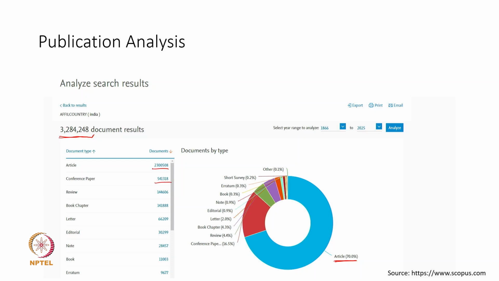Hence, using bibliometrics, we are analyzing the types of documents which appear in different subject areas and different forms of communication in the Scopus database during a particular period of time.